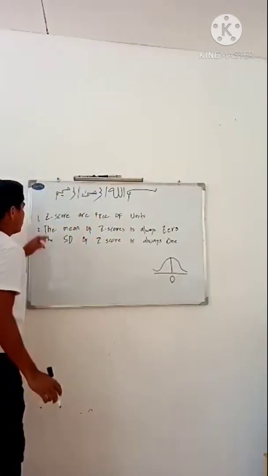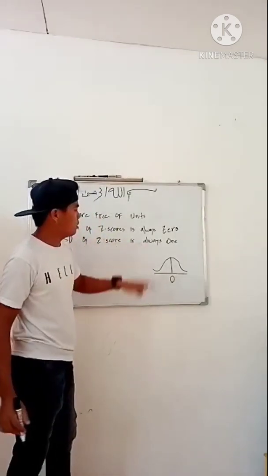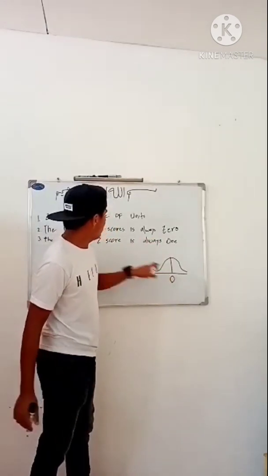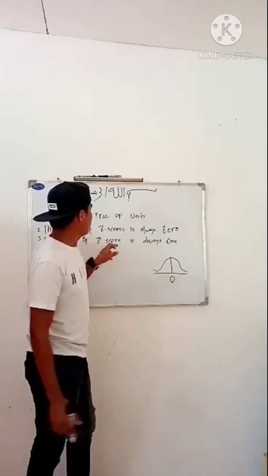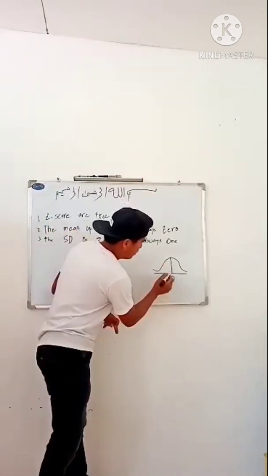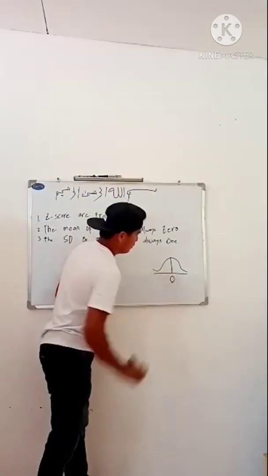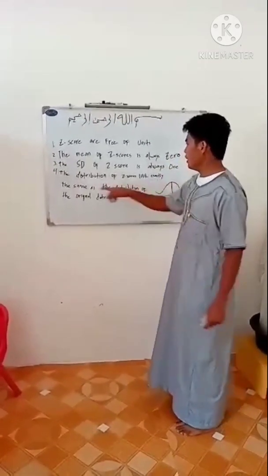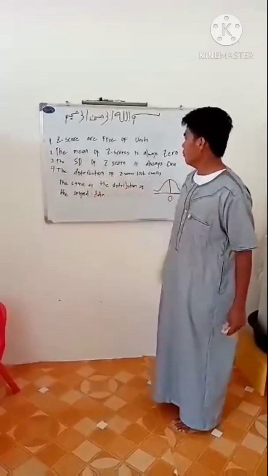And the standard deviation of Z-score is always 1. Therefore, the distribution of the Z-score looks exactly the same as the distribution of the original data. The shape of the Z-score distribution is the same as the shape of the original distribution of values.